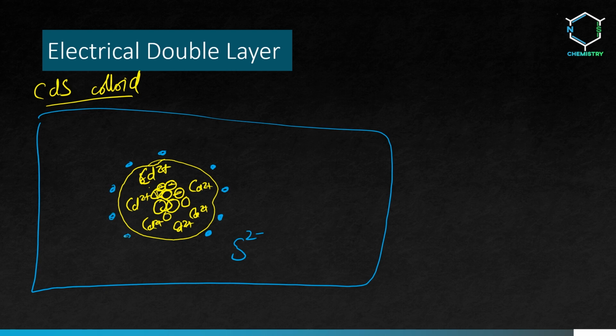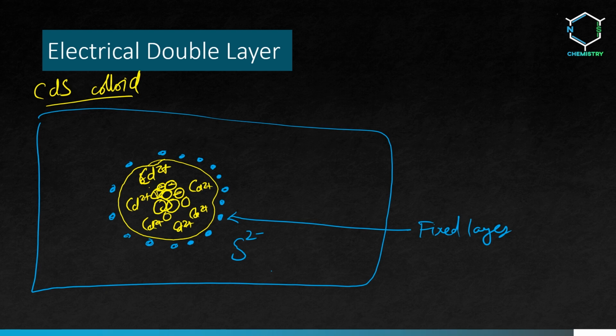So this becomes a fixed layer of negatively charged ions. So what happened? The colloidal particle now has a fixed layer of negatively charged ions around it. Fixed layer means it will not move. So the entire system, that particle, gets negatively charged.